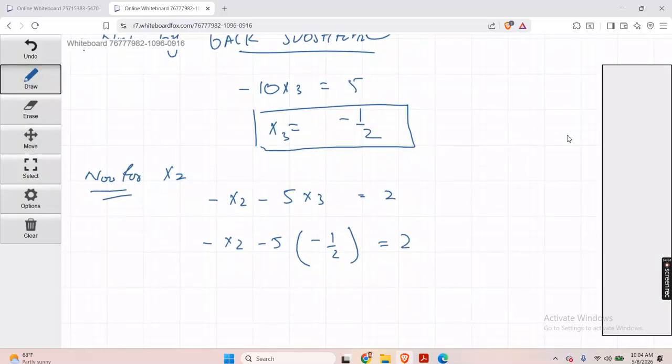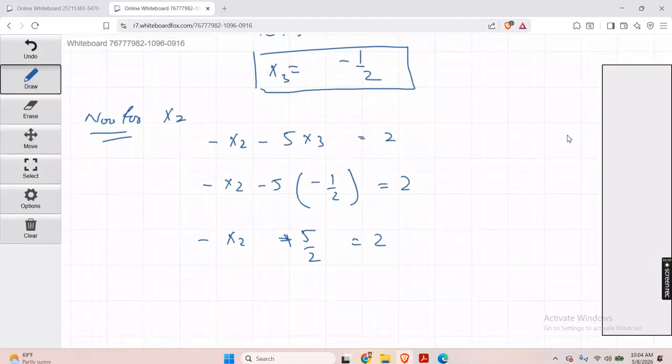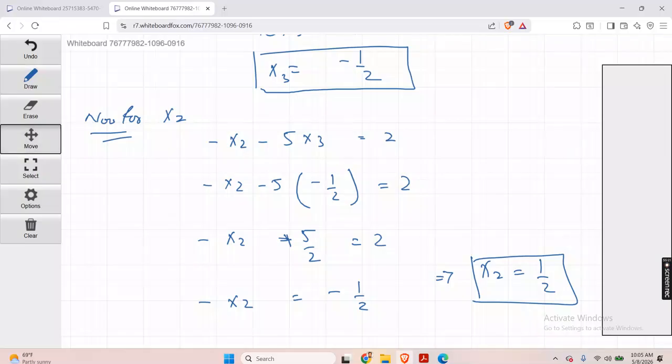So when you solve it more, you will get minus x2 plus 5 by 2 is equal to 2. You have to get LCM, and you will get here x2 is equal to 1 over 2.